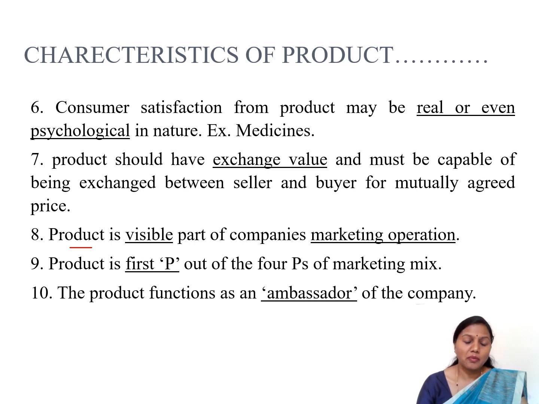Among price, place, promotion, along with that, product is the first and most important marketing mix element. The product functions as an ambassador of the company. The product itself will work out. Sometimes there is no need for advertising. If it is a very good product, the product itself will work out as an ambassador for the company.